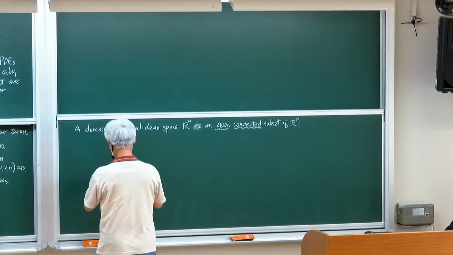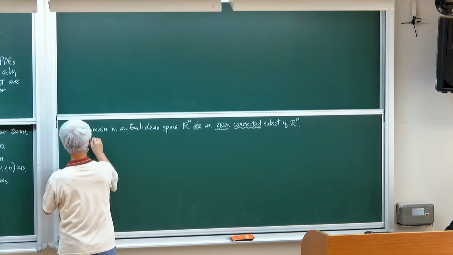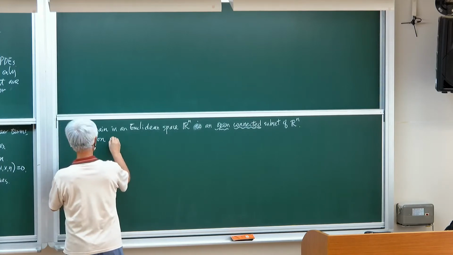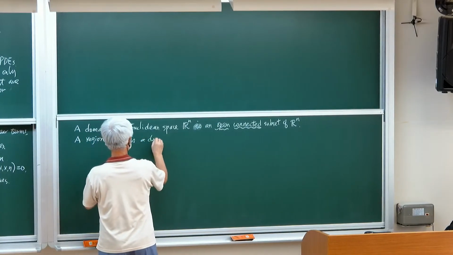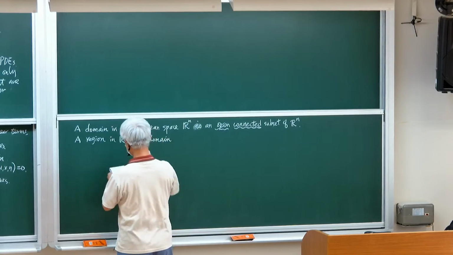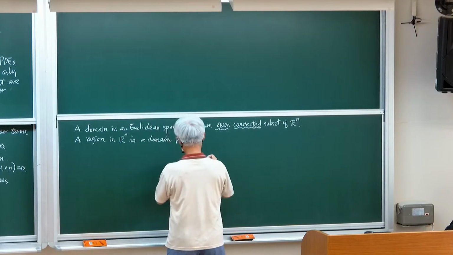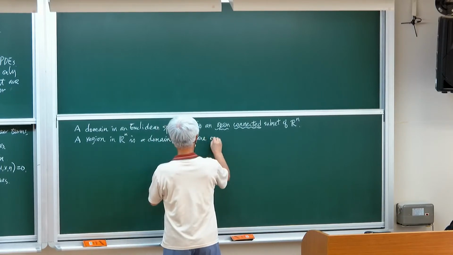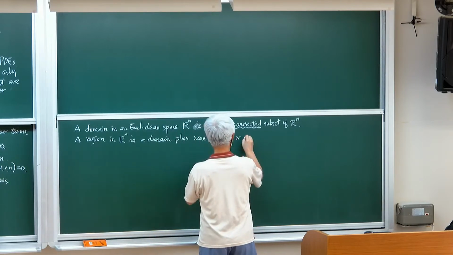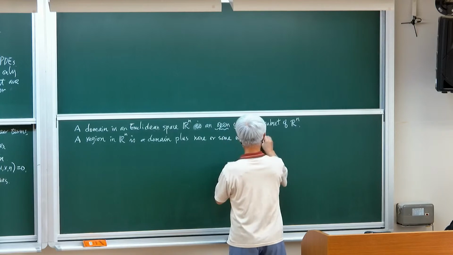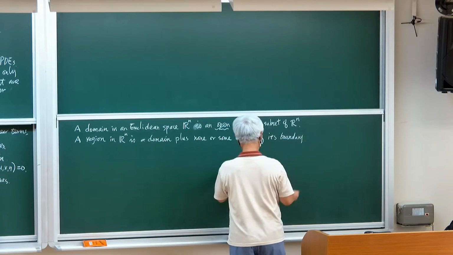And also, we will have a geometrical concept called region. So a region in Rn is a domain plus none or some or all of its boundary points.